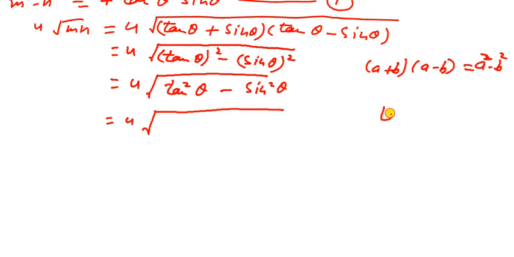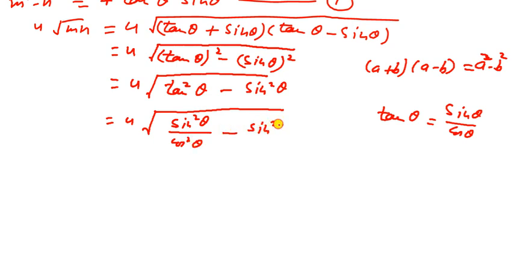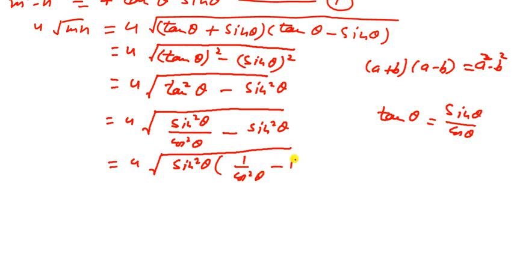Now tan theta is equal to sin theta upon cos theta. Put the value here. So sin square theta upon cos square theta minus sin square theta. As you know, sin square theta is common. We get 1 upon cos square theta minus 1.